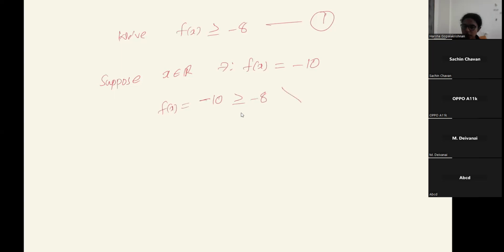So this statement is false. So for any real number less than minus 8, we cannot find an x in R such that f of x equal to that real number. So this is not onto.